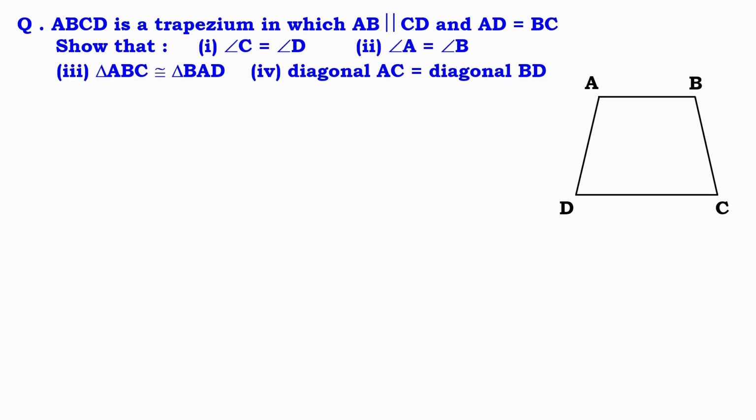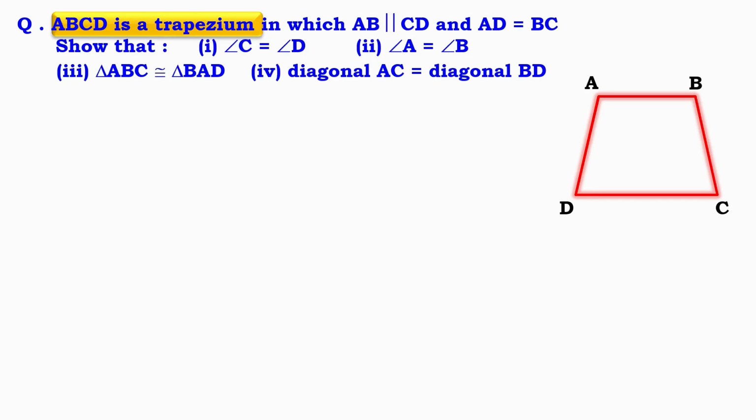So here AB is parallel to CD, and another information is given, that is AD equal to BC. So that means it is an isosceles trapezium, right? If you are not sure about the isosceles trapezium, then please visit my first video of quadrilateral. There we have discussed what is an isosceles trapezium and all.